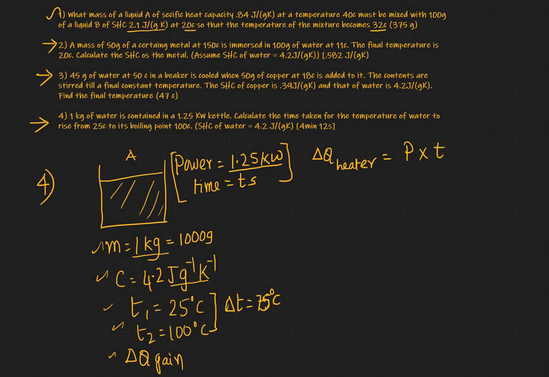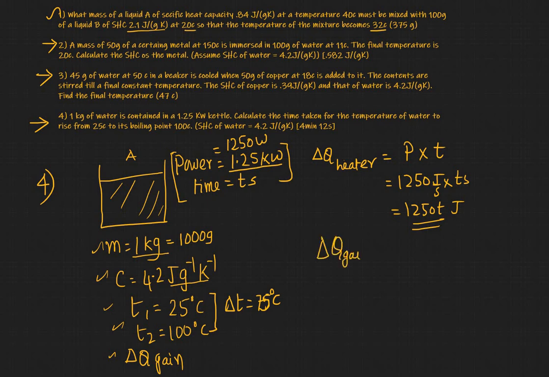The watt is joules per second, but it's given in kilowatt, so it's better to write it as 1250 watts. That'll be 1250 joules per second, into T seconds. That's 1250 T joules.